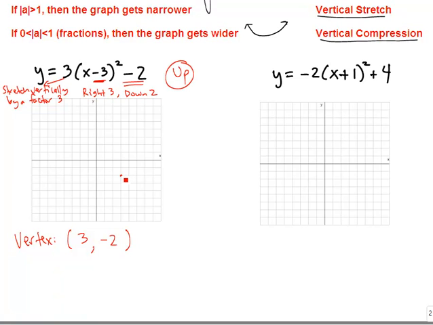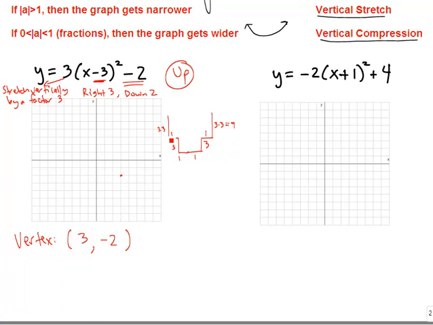So when we use our pattern, we're going to want to make sure that we go over 1, up a, over 1, up 3 times a. So we're going to go over 1, up a, and a here was this 3. So we're going to do that on the right and the left. And then we're going to go over 1, up 3 times a, so 3 times 3 would be 9.